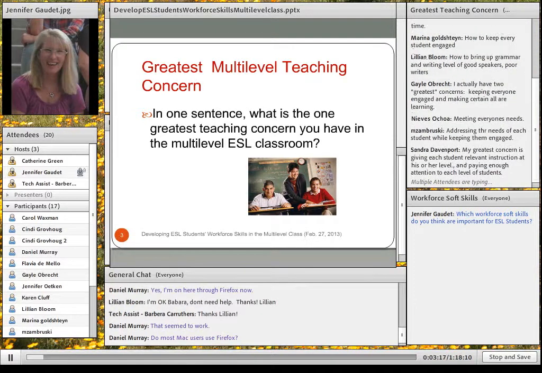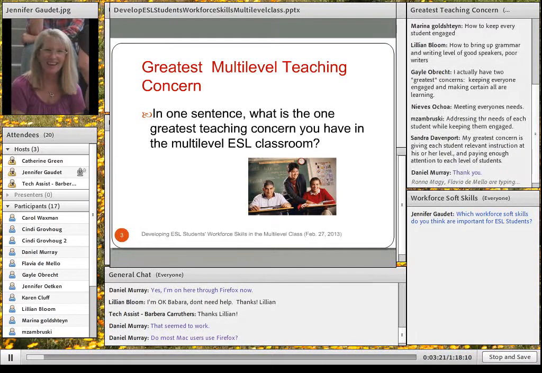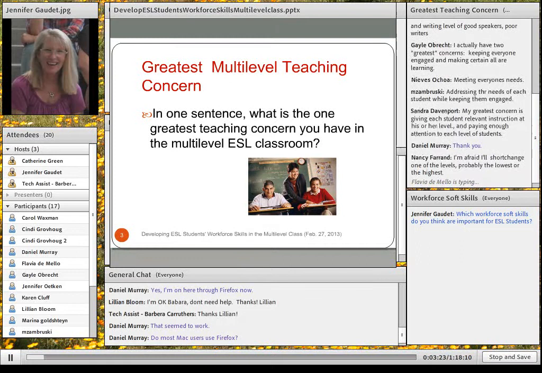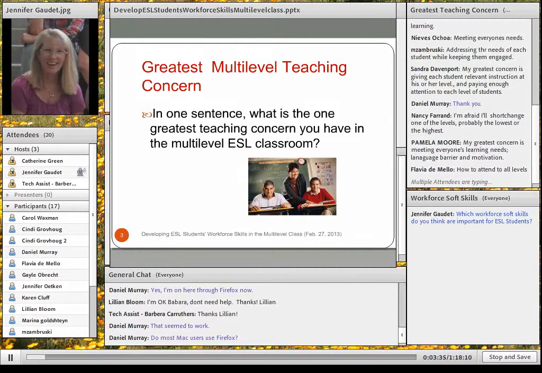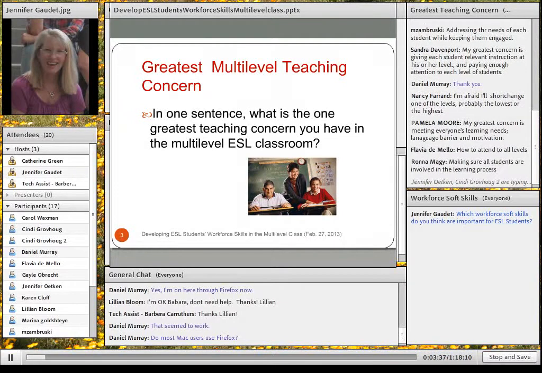Will the technology I use be able to be used by all levels? Boy, that's a good question. How to keep every student engaged? Yes, I agree. Keeping everyone engaged and making certain all are learning. Absolutely. Meeting everyone's needs.